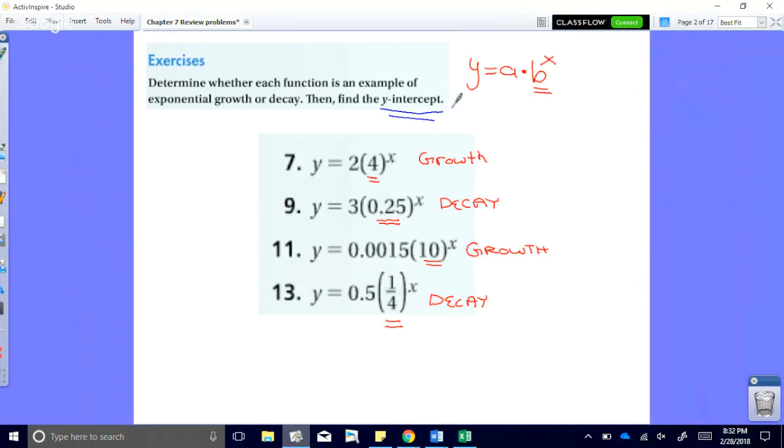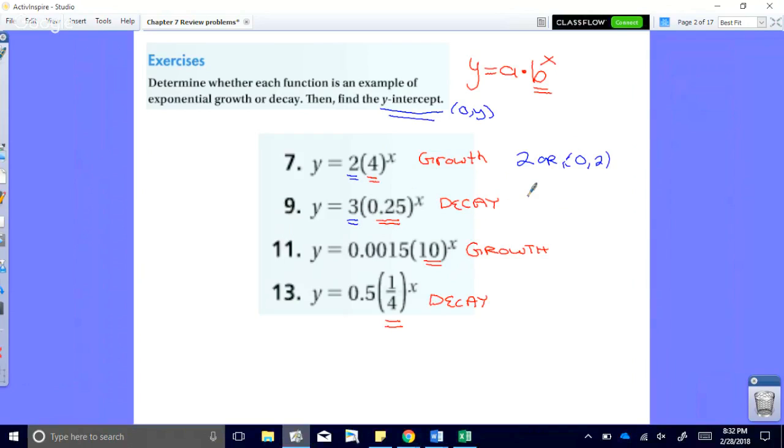The y-intercept, if it was an ordered pair, is always 0, some y value. The number in front always gives us the y-intercept. So for number 7, the y-intercept is 2, or if they wrote it as an ordered pair, 0, 2.